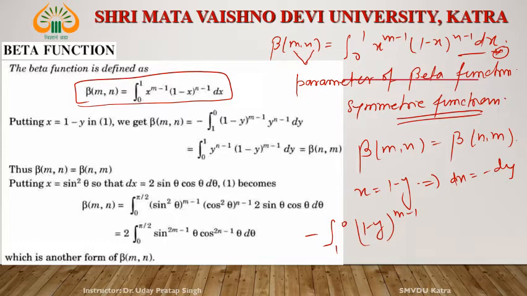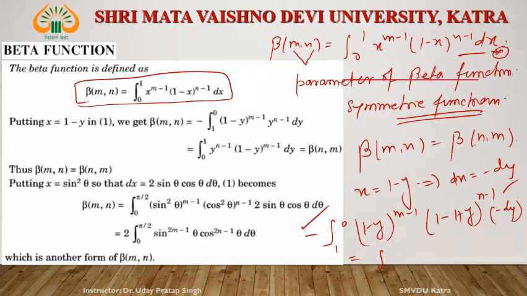Next, 1 minus x is 1 minus 1 plus y, whole to the power n minus 1. What is dx? Dx is minus dy. So this is equal to the integral, and this minus and this minus is plus.